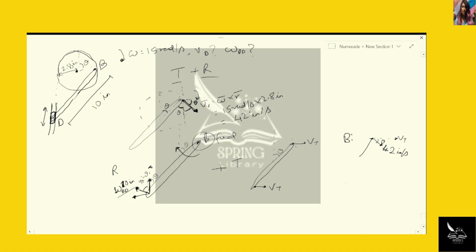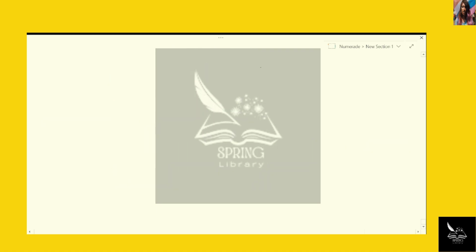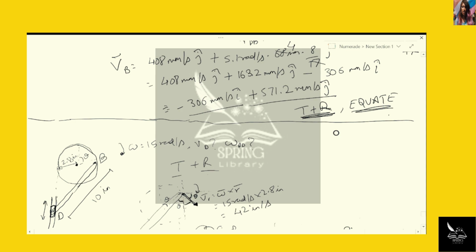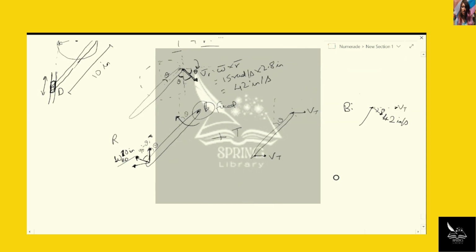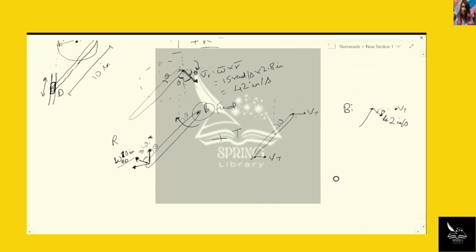Okay, so we get one of our equations. Sorry, scrolled too far. Yeah, so at point B we get 42 inches per second cosine theta equals Vt.